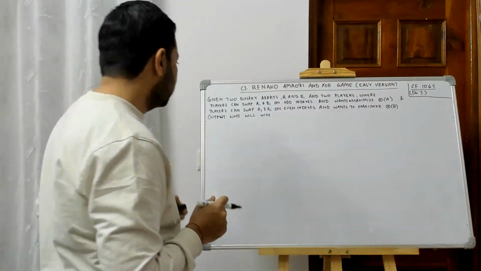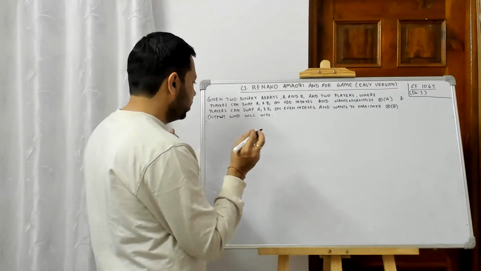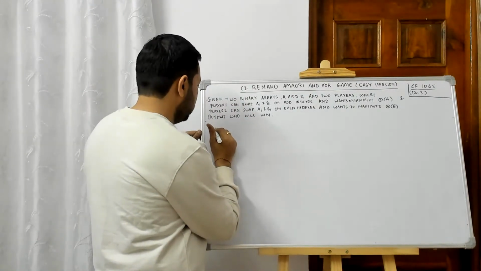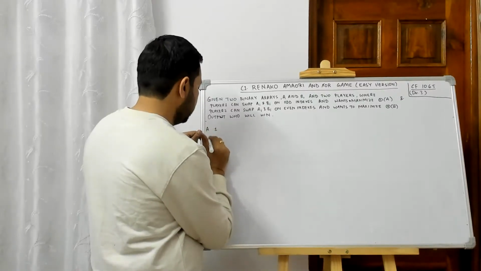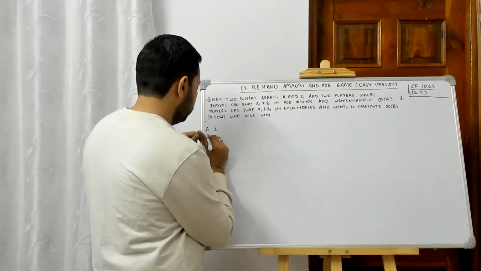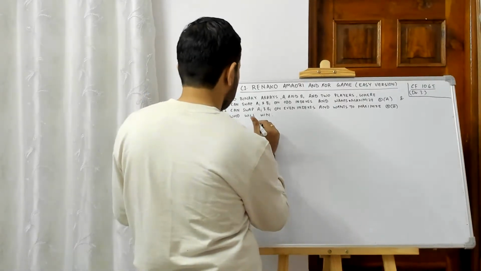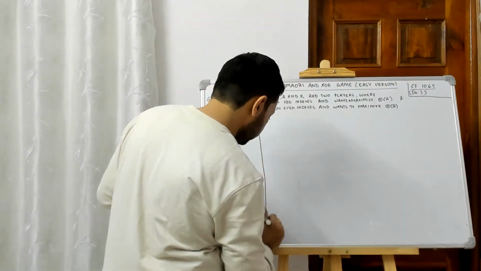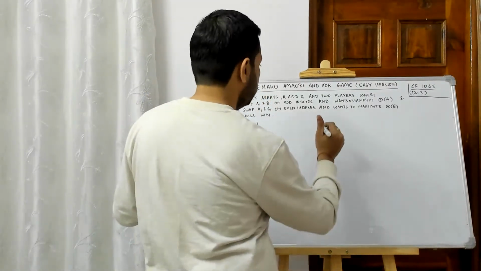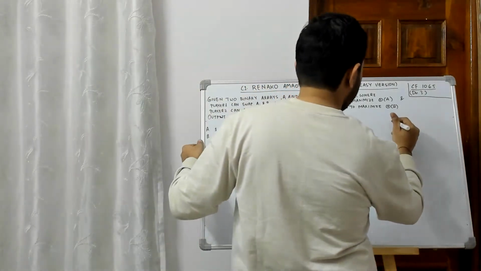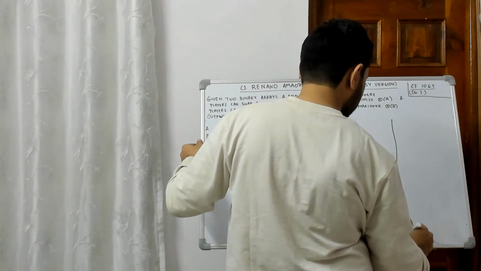Let's do some examples to understand. I'll start with a simple example. The first example is, this is A and this is B. I'll draw some lines here. I'll do four examples.